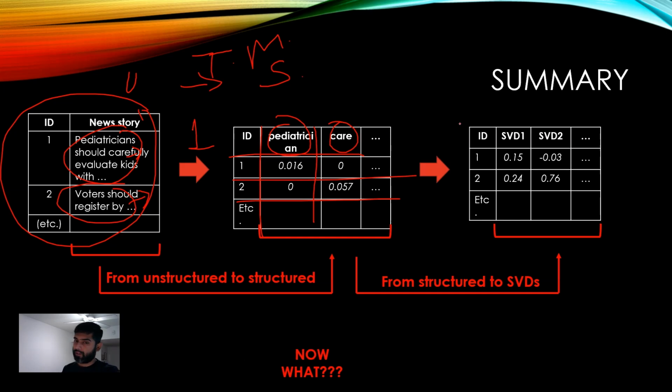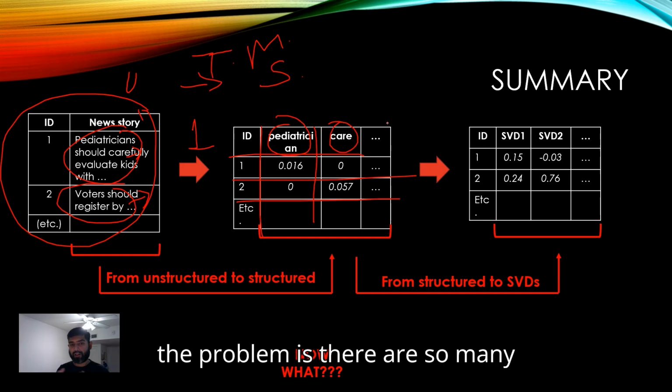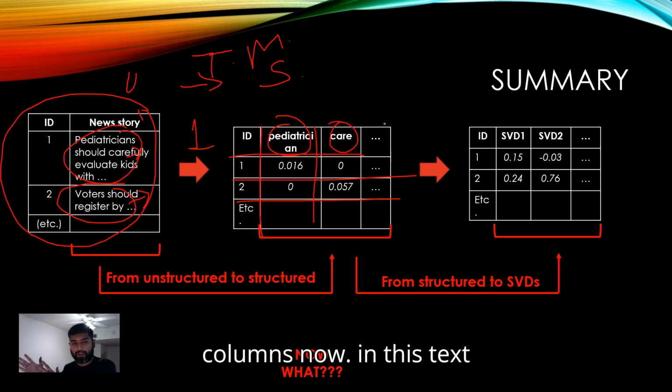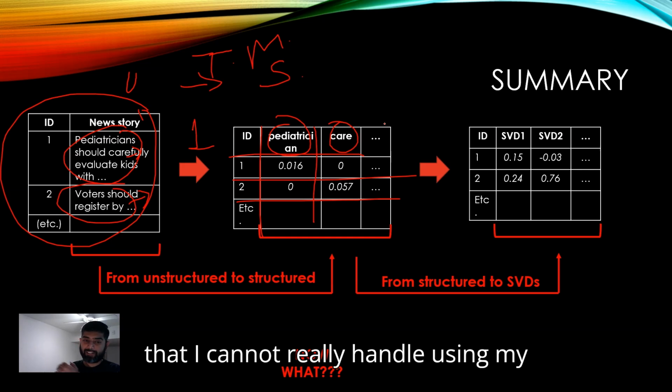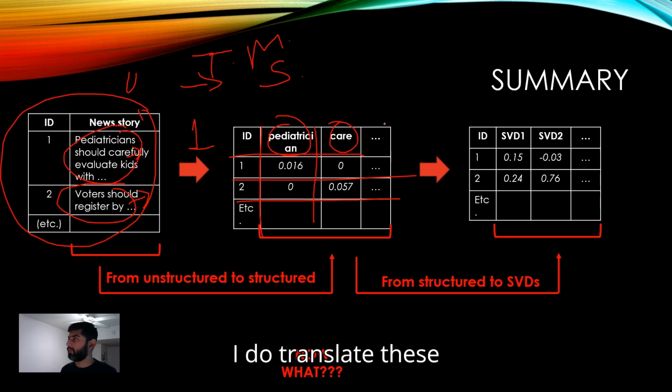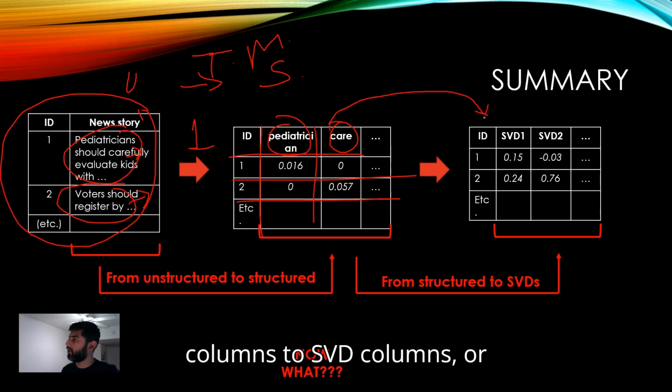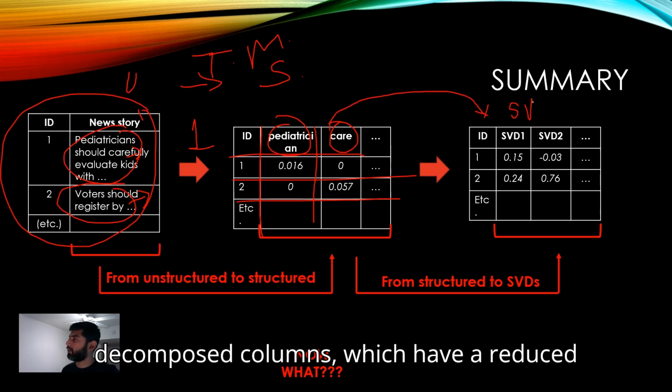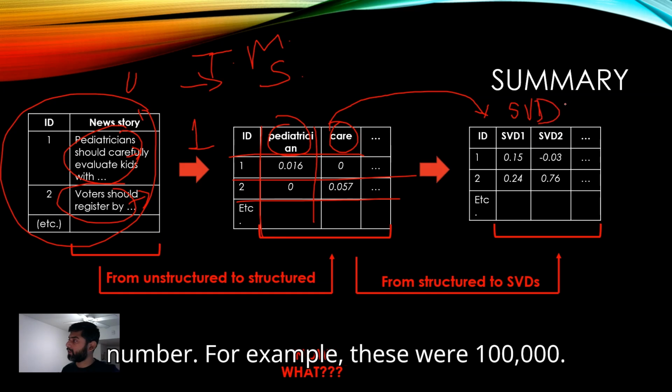And the problem is there are so many columns now in this text that I cannot really handle them using my computation power. What do I do about it? I translate these columns to SVD columns, or decomposed columns, which have a reduced number. For example, these were 100,000.